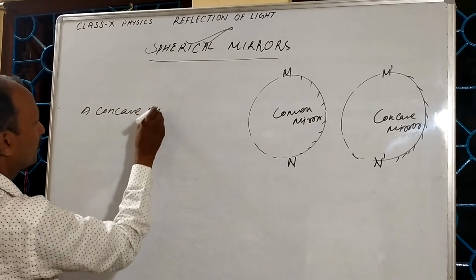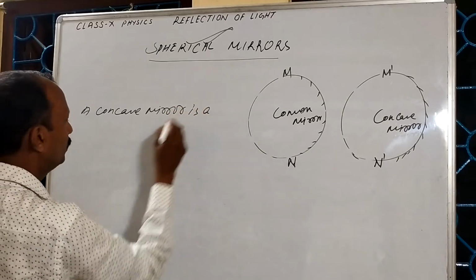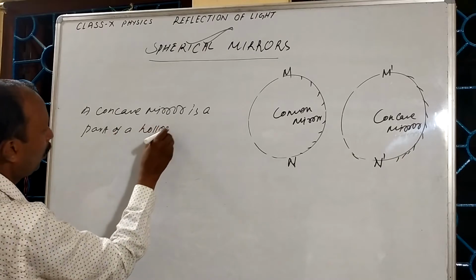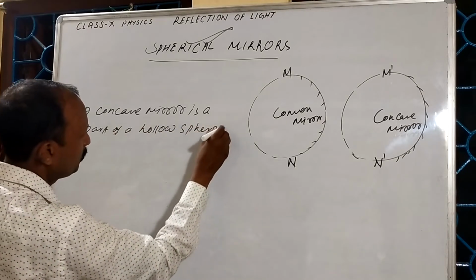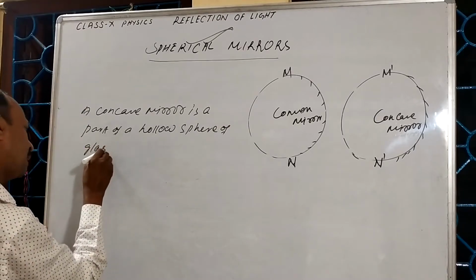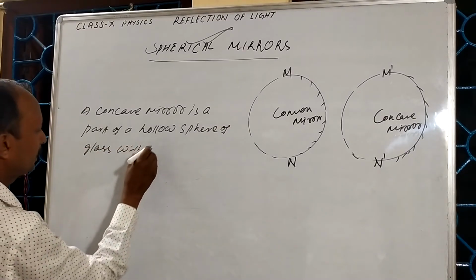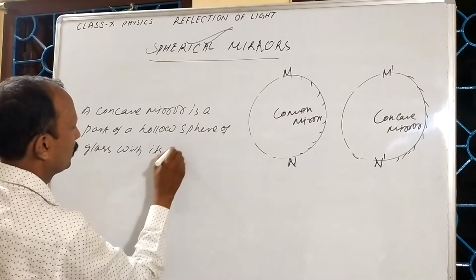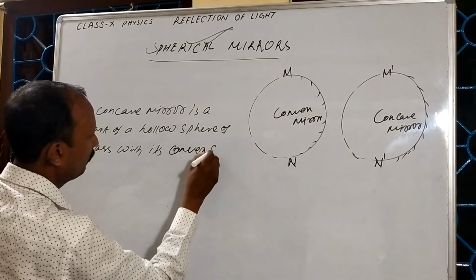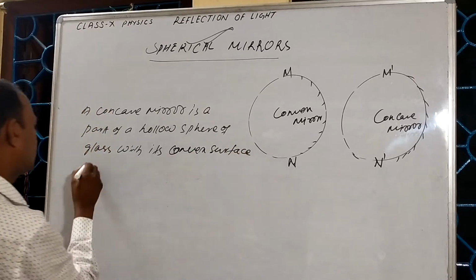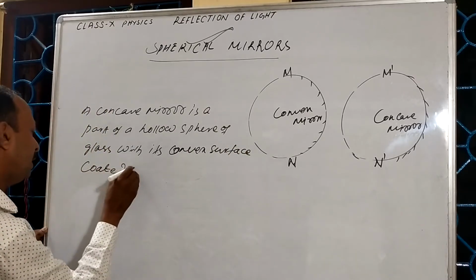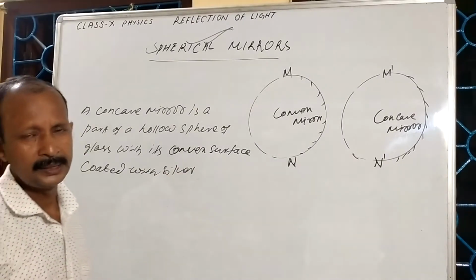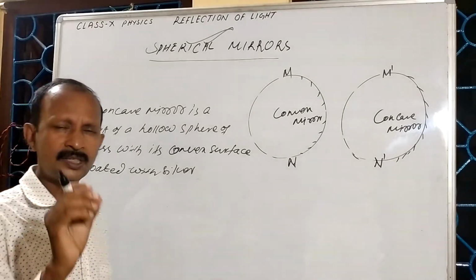A concave mirror is a part of a hollow sphere of glass with its convex surface coated with silver, or I can say that its convex surface is polished.